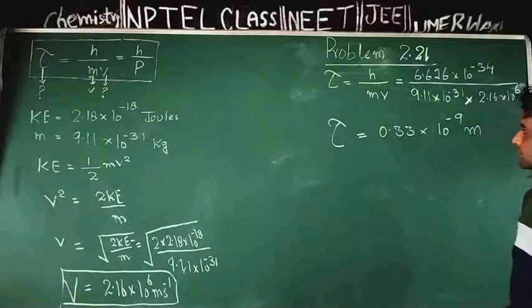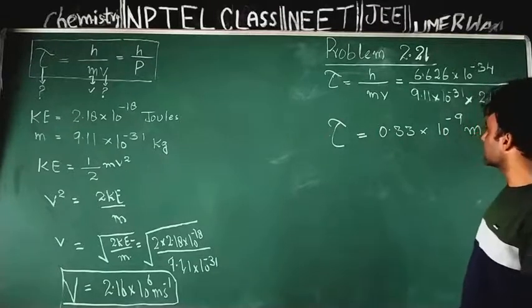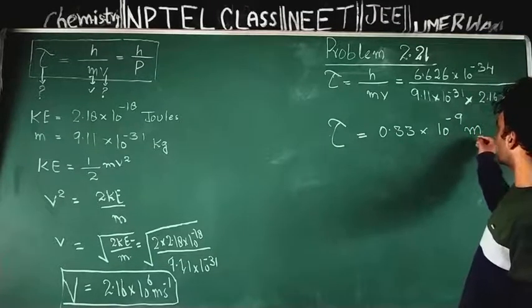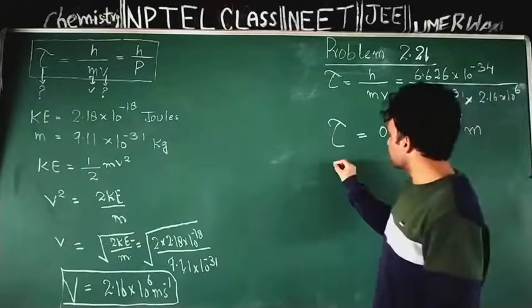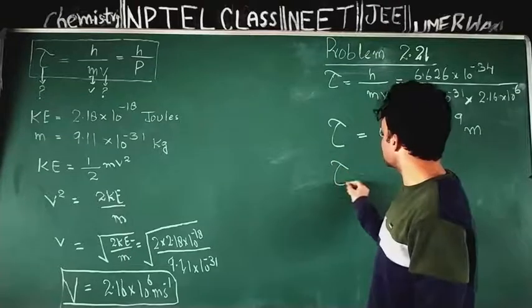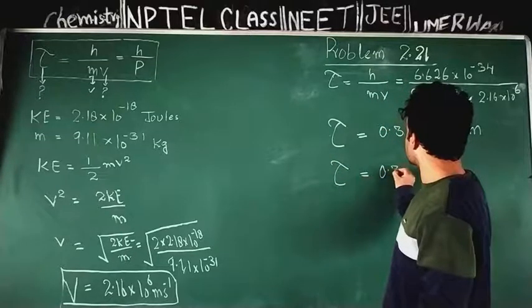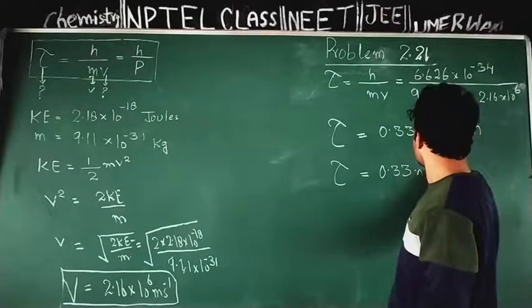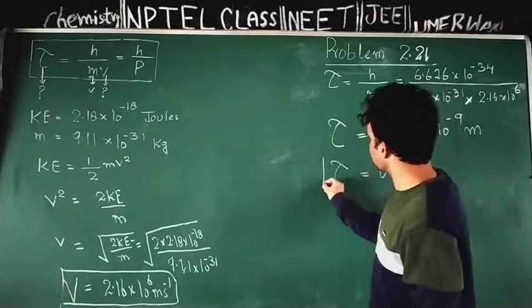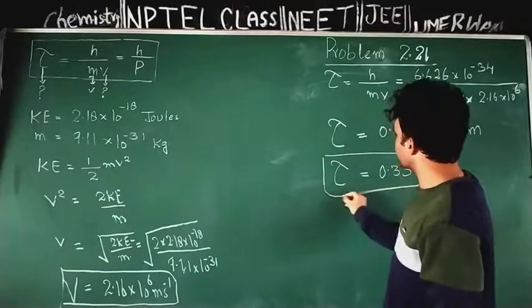This is the wavelength of wave which is associated with moving electron in first orbit of hydrogen atom. If I express this in nanometers, it will be equal to 0.33 nanometer. So this is the solution to our problem. This is the answer to our problem.